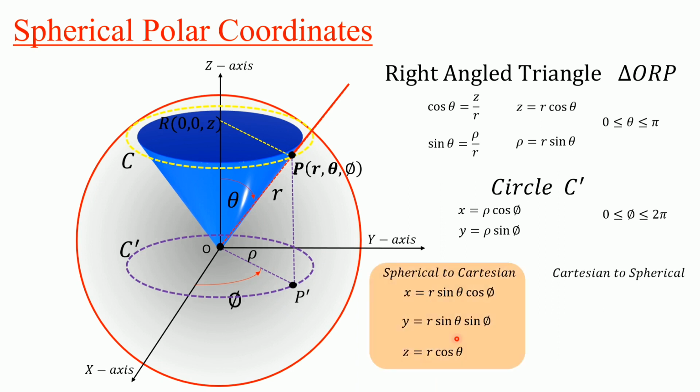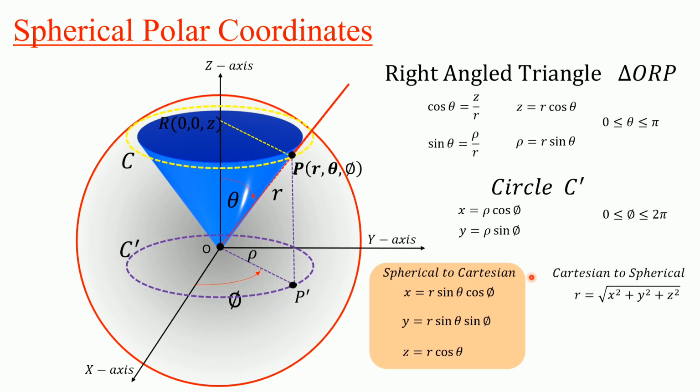Now suppose we know the Cartesian coordinates, then how do we get the spherical coordinates? This r is the distance of this point from the origin. Suppose the Cartesian coordinates of this point are x, y, z.